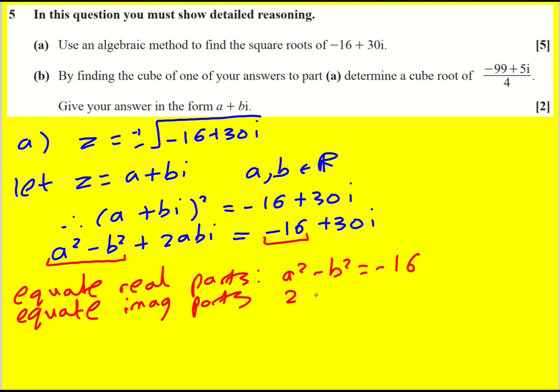So I can ignore the i, I just get 2ab equal to 30, which means that ab is going to be 15.